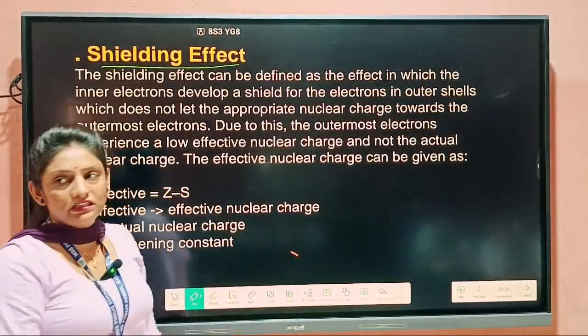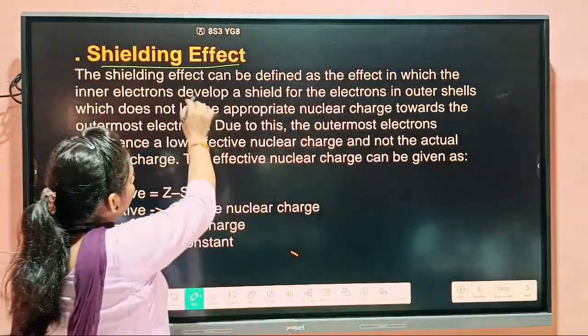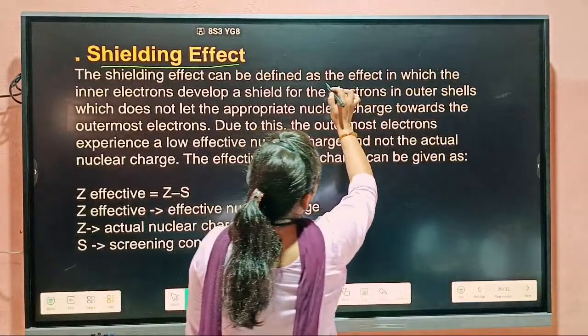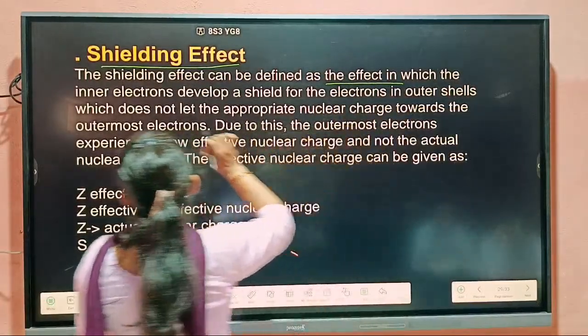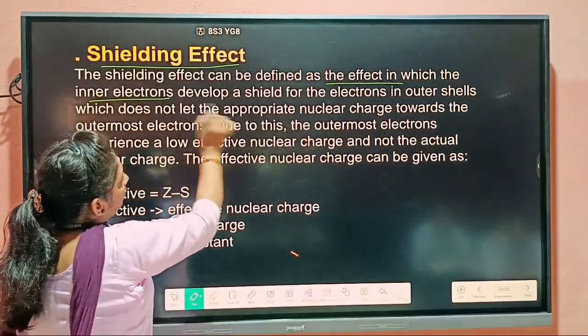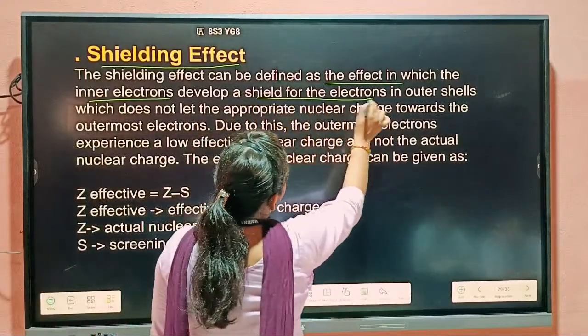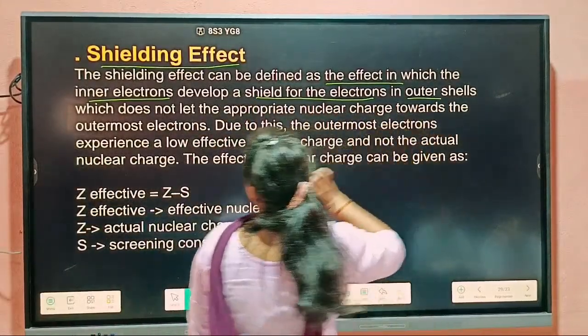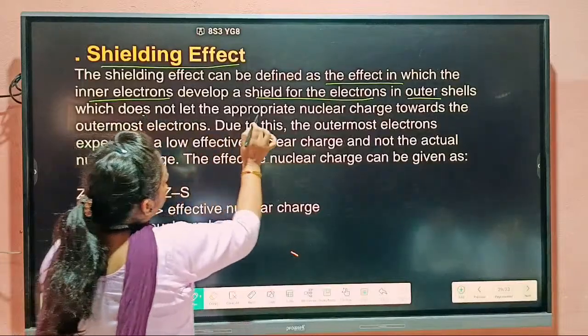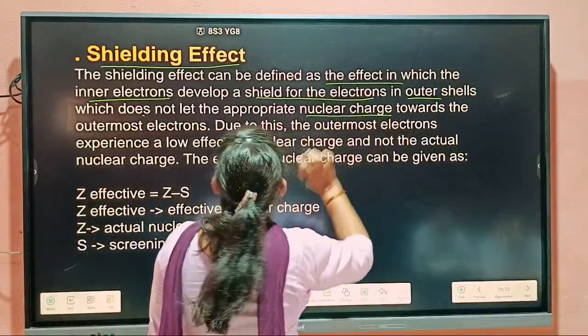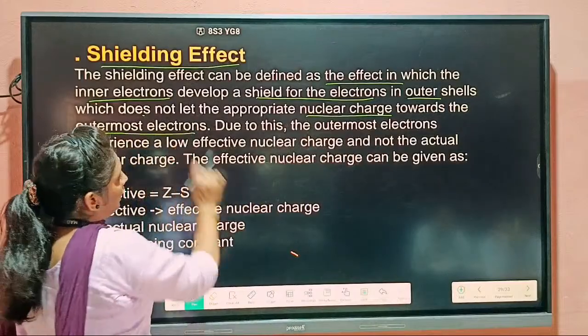What do you mean by the shielding effect? Shielding effect can be defined as the effect in which the inner electrons develop a shield for the electrons in outer shells, which does not let the appropriate nuclear charge reach the outermost electron.